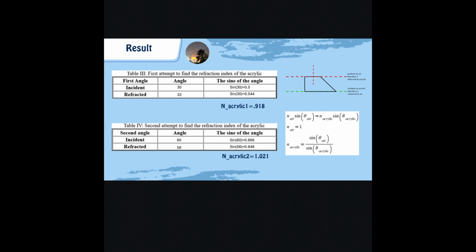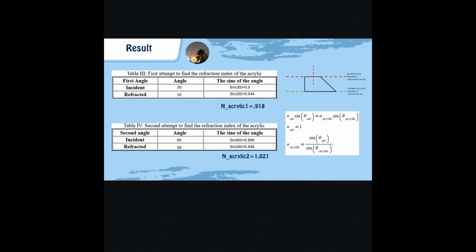We measured the incident angle, which is the angle at which the light entered the acrylic, and then we measured the refracted angle, which is the angle at which the light exited. We did this 2 times, and we got the angles for both attempts. We used the formula at bottom right, and ultimately got the refractive index for the acrylic 2 times.